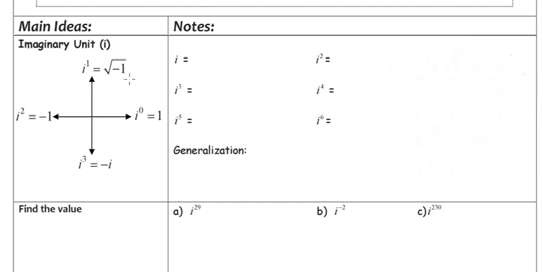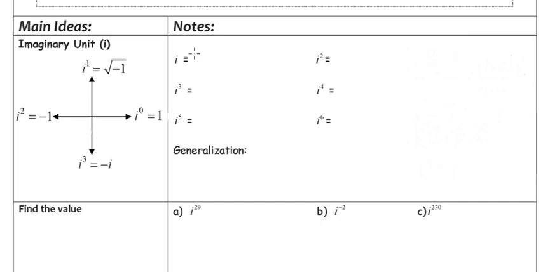Every 4 you end back up at 1 again. So i to the first power, and 4 more than that, the 5th power, and the 9th power would all be just i. So i to the 9th is exactly equal to i to the 5th, because 4 of those i's is really just 1, and 1 times i is just i.